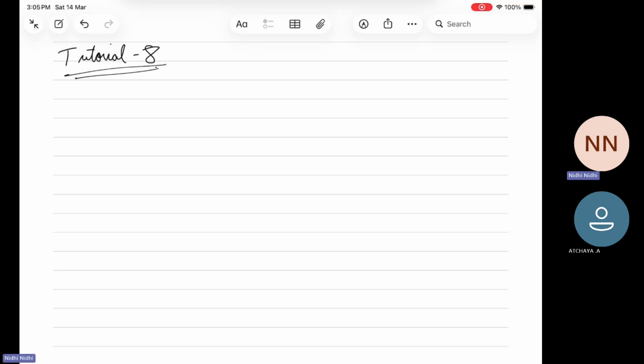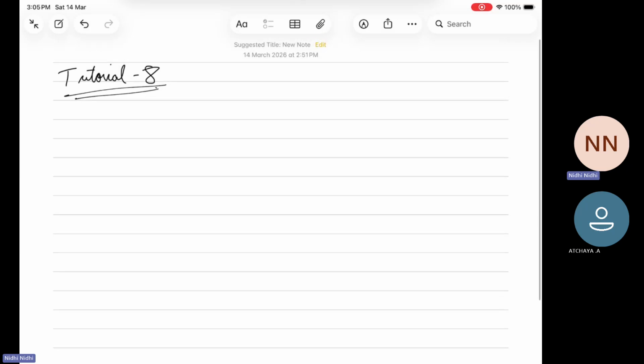Okay, so today we will be discussing problems of the assignment sheet for week 7, which involves problems related to Riemann integration. So let's start with the first question.